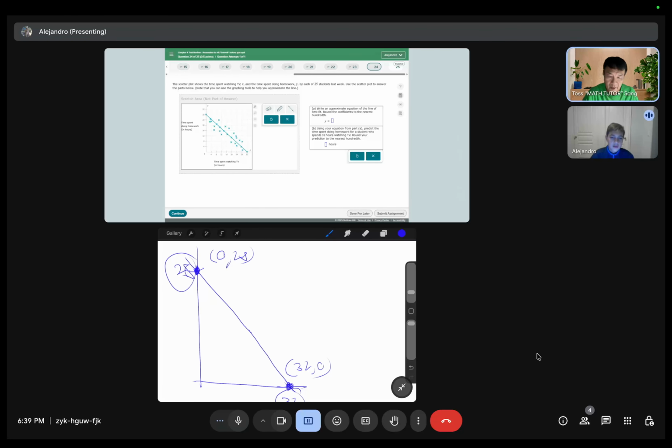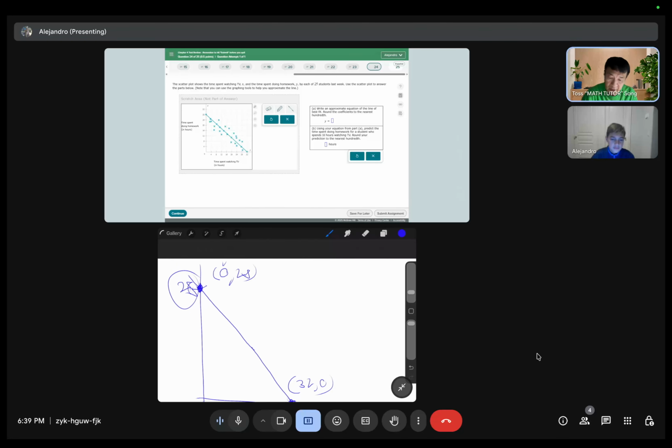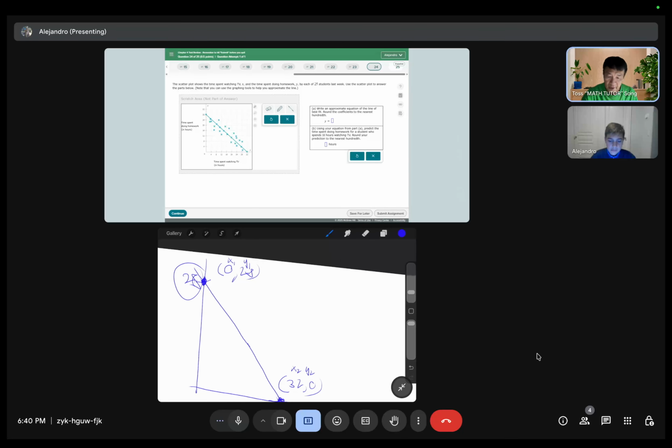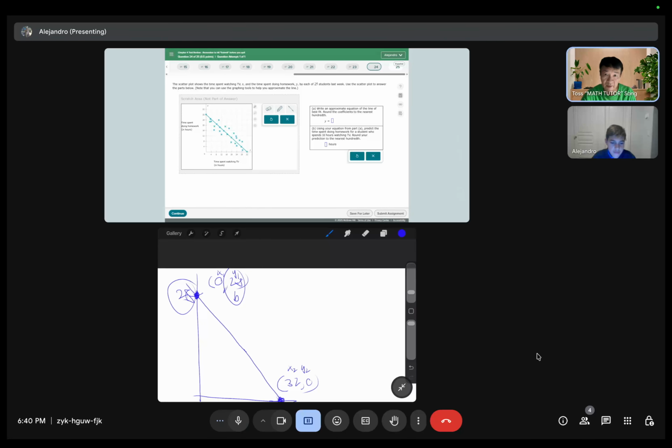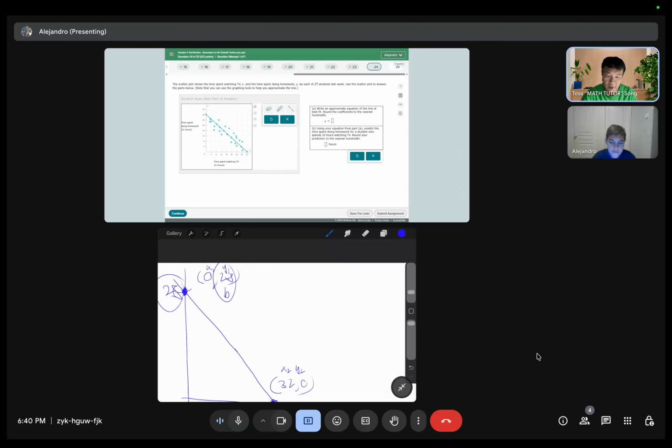So this is your x1, y1. It doesn't matter which one is 1 or 2. This is x2, y2. Now, we're going to use the quickest way. This is the y-intercept, which means this is your B. You always want to use that if you ever have a chance. That means you will use this immediately.